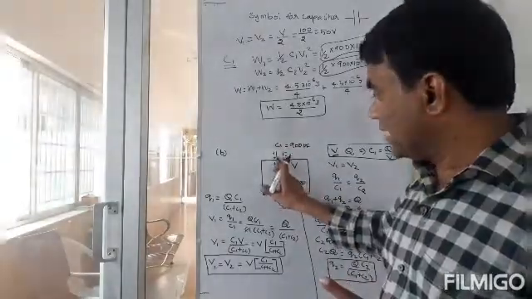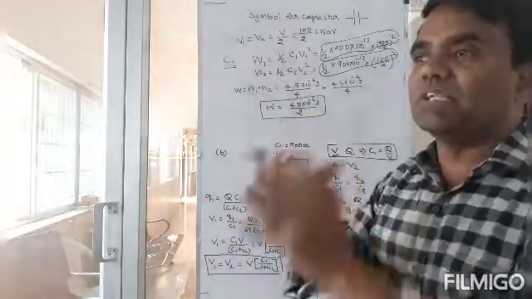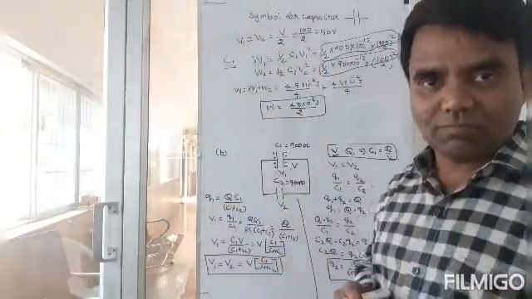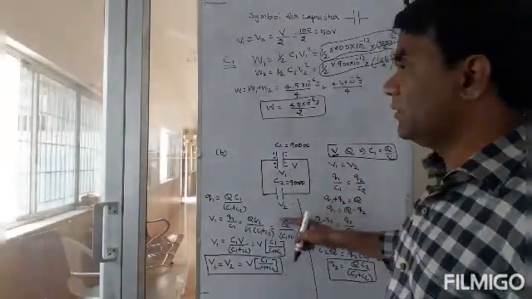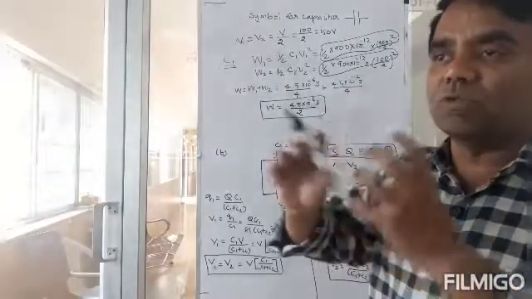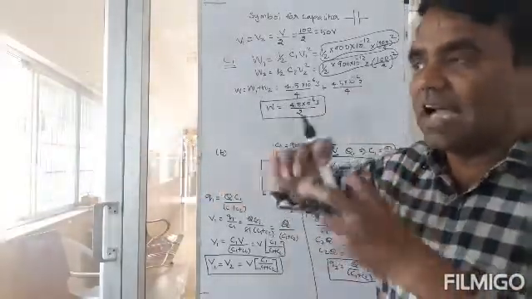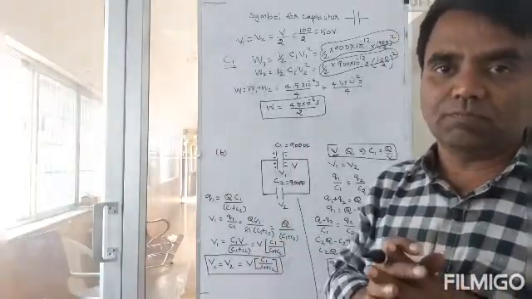When the current started flowing, part of the original energy was lost. Okay? And that is why this energy and this energy together do not match with the original energy. There is a certain amount of energy which has been lost, and in this case, half of the energy has been lost in radiation.